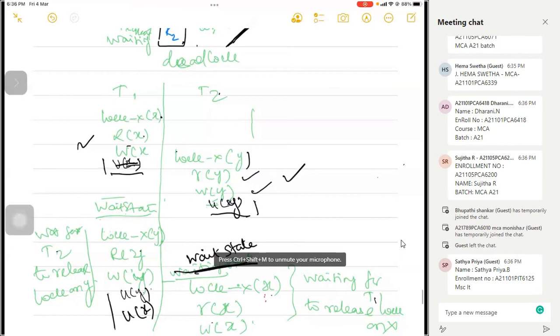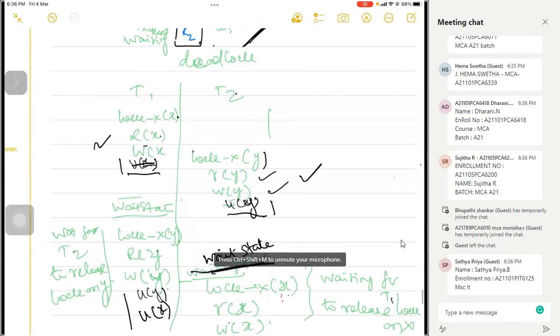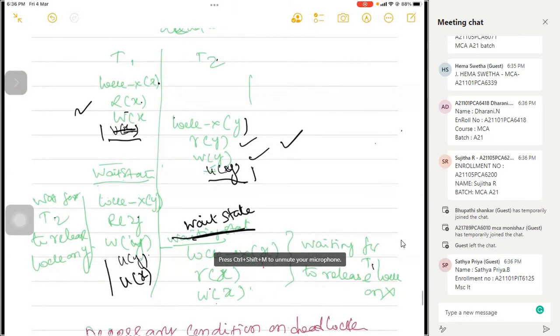See here, T1 and T2 are the two transactions. Lock X, exclusive lock for X, read, write, and unlock. Okay. So suppose if this process is completed, if you give unlock, it means completed. If you are not giving unlock here, because it is exclusive lock, isn't it?